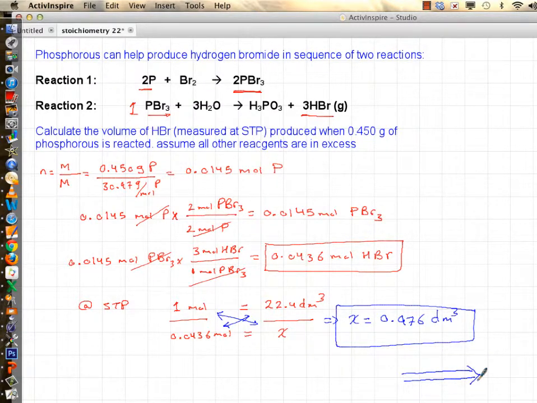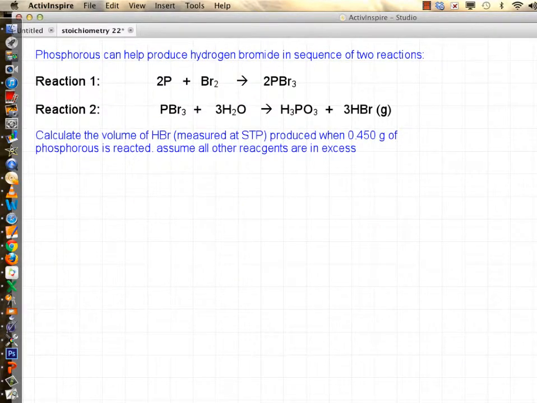Now what I'm going to do is solve the same problem on the next slide. So it's exactly the same problem, but I want to make life hopefully easier for you, not more difficult, by solving it through dimensional analysis. So second slide, exactly the same question, and this is how I'm going to solve it, known as dimensional analysis or unit factor.